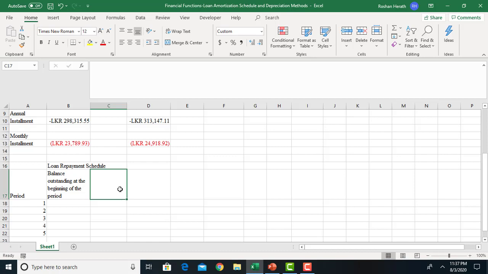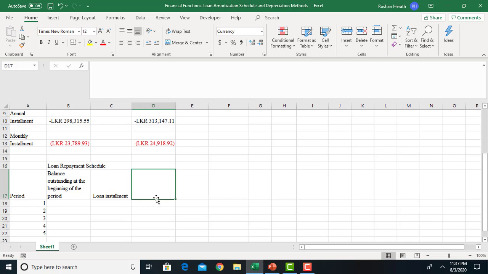Then you can take the loan installment. Loan installment can be taken, and there you can identify the capital repayment. Right.